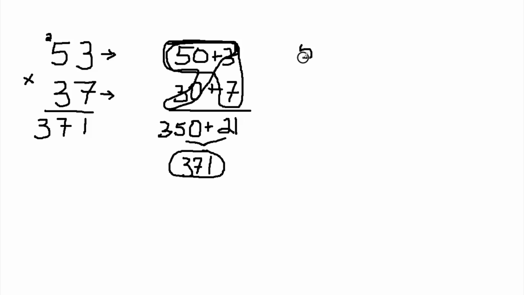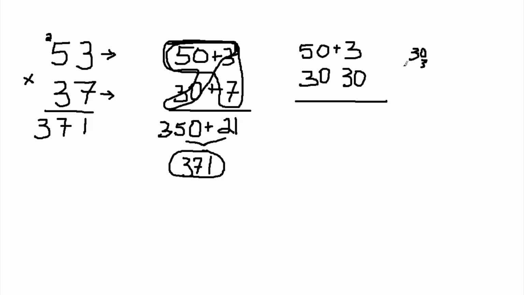We are taking 50 plus 3 and multiplying each number by 30. So, if we multiply 3 by 30, I know it's upside down, so if you want to do it this way, that's fine as well.